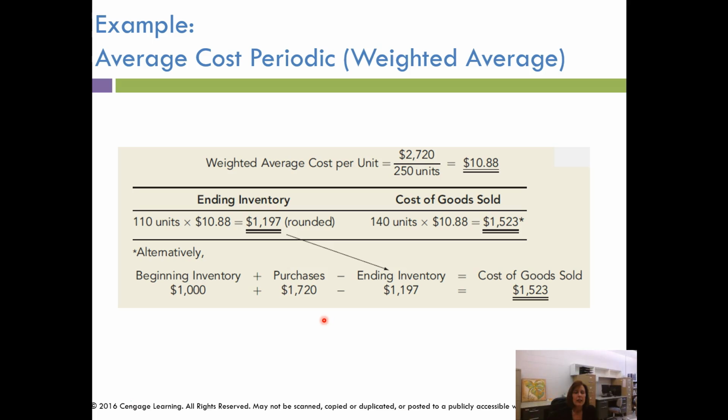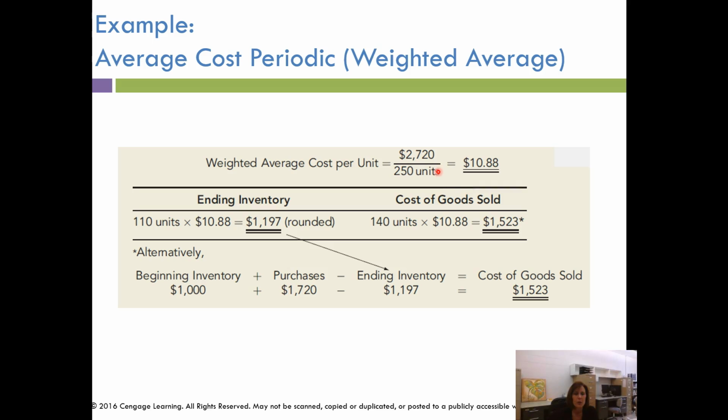Now this is the periodic method in graphic form. So we've got our 110 units at $10.88. That's our ending inventory. So we started with 250 units. We sold 140, and we've averaged the cost per unit at $10.88.